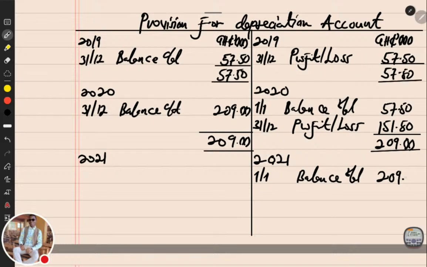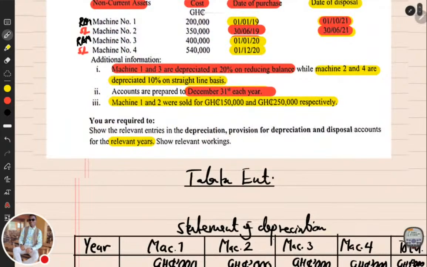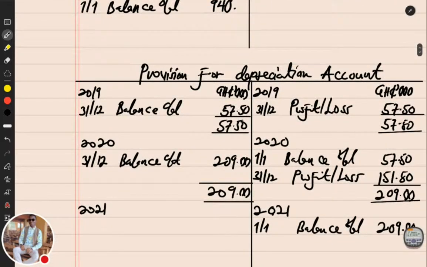209. Here too, don't forget, if there is any disposal for any relevant years, you just have to consider that. When we're disposing the asset, we subtracted the original cost of the asset from the asset group. When it comes to the depreciation too, you're also going to subtract the depreciation of the disposed asset from the total provision for depreciation account, so that we get to know the accumulated depreciation for the current asset that is in use.